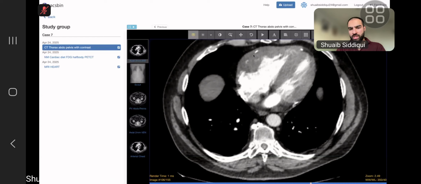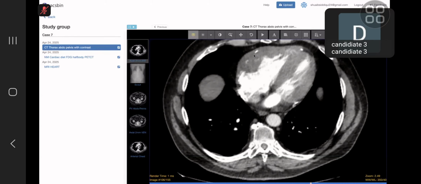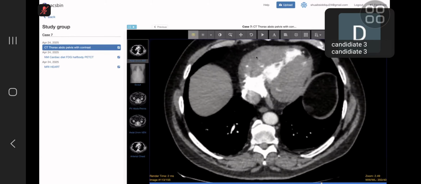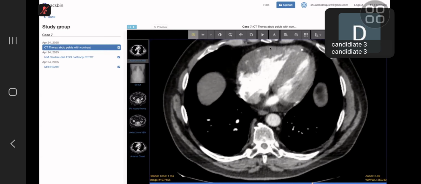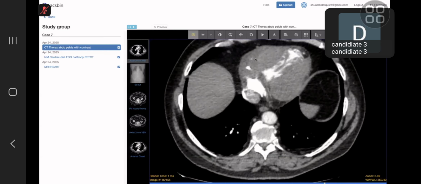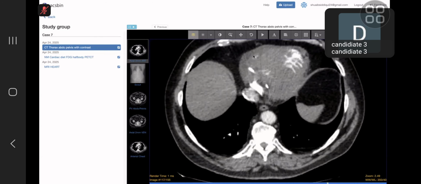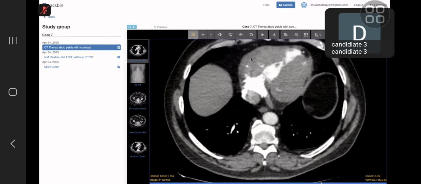That's fine. But what do you think of it? I couldn't see it with this. Maybe there is a thrombosis within it.